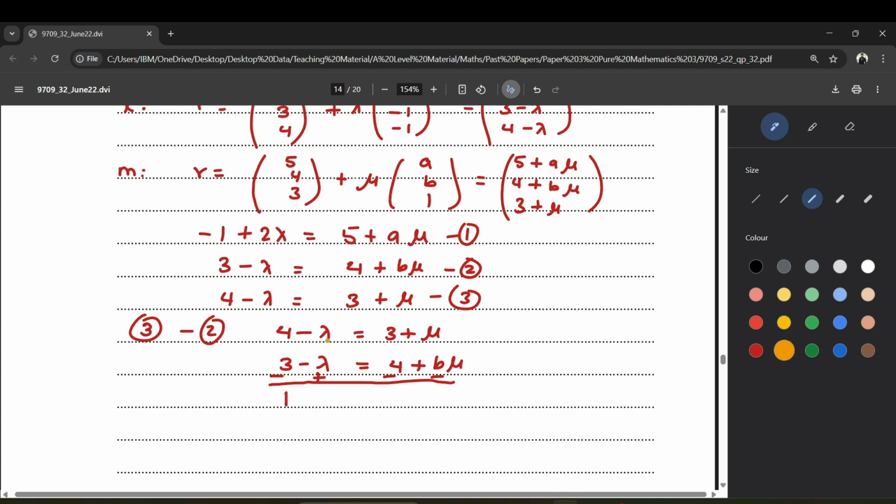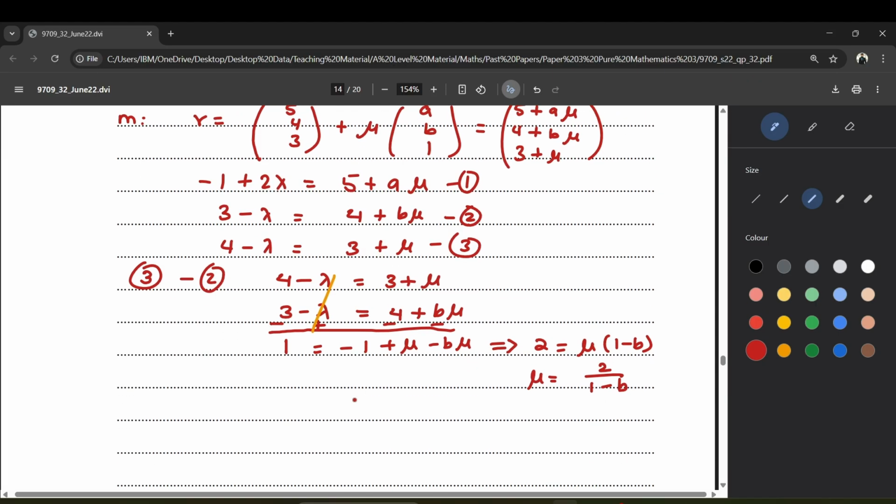Lambda will be cancelled. Then we have 3 minus 4, that is minus 1, and mu minus b mu. Now what we can do here is make mu the subject of the formula, and that would give us our expression in terms of b. So we can say that 2 equals mu times (1 minus b). Therefore mu is equal to 2 over (1 minus b).